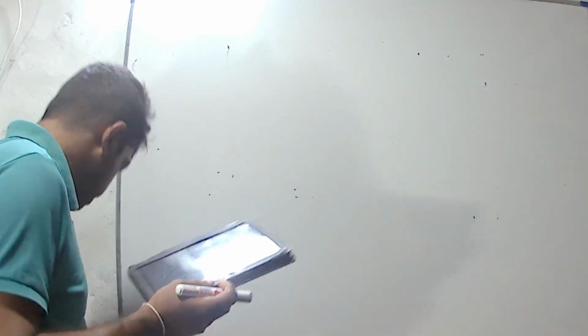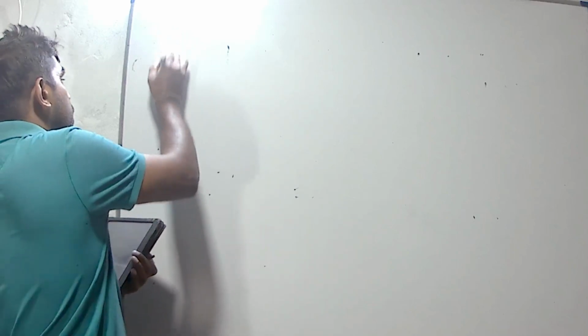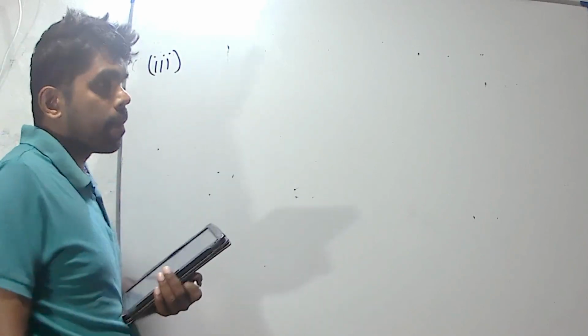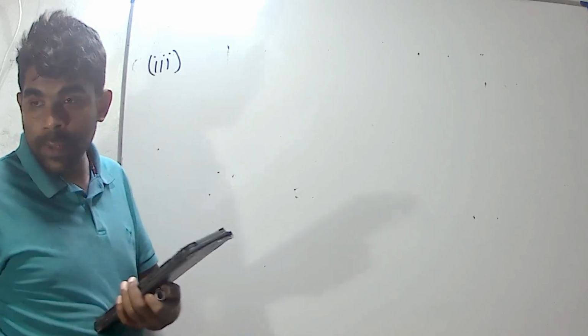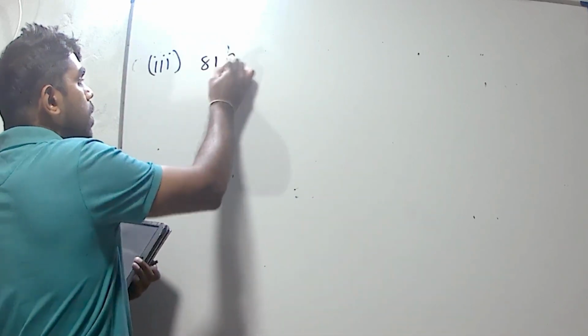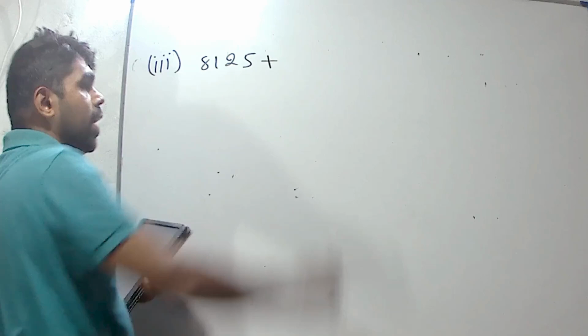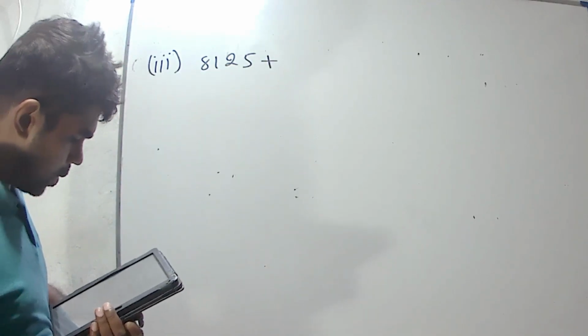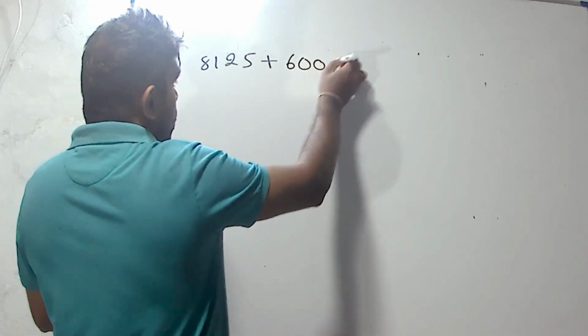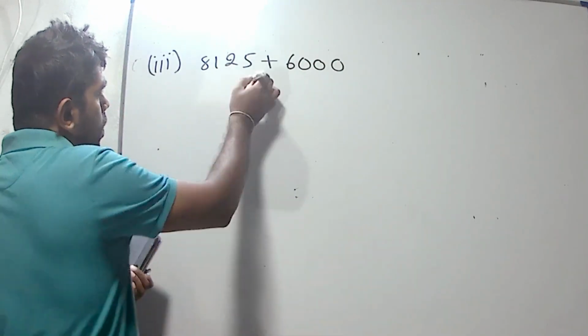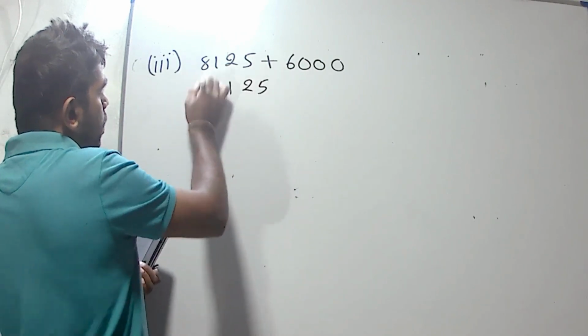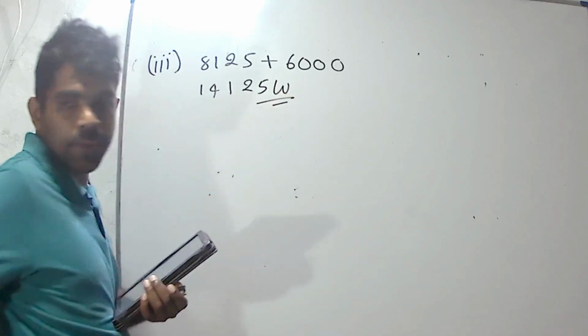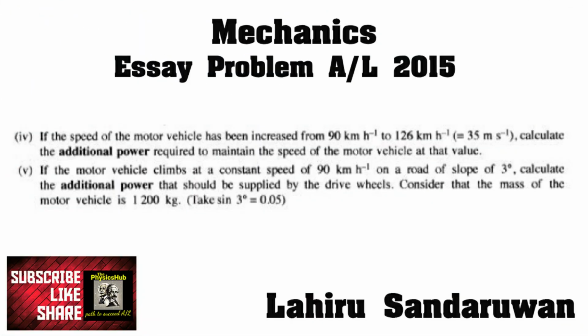We have found the power needed to do the work against drag force, 8,125 watts. We have to add the remaining power value of 6 kilowatts. It is given in the question. 6 kilowatts means 6,000 watts. The total is 14,125 watts.